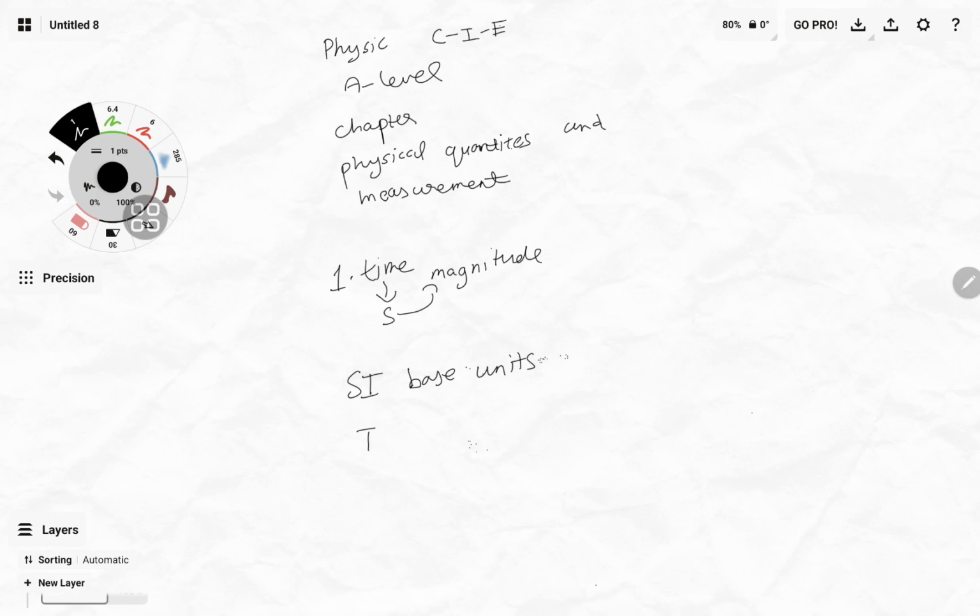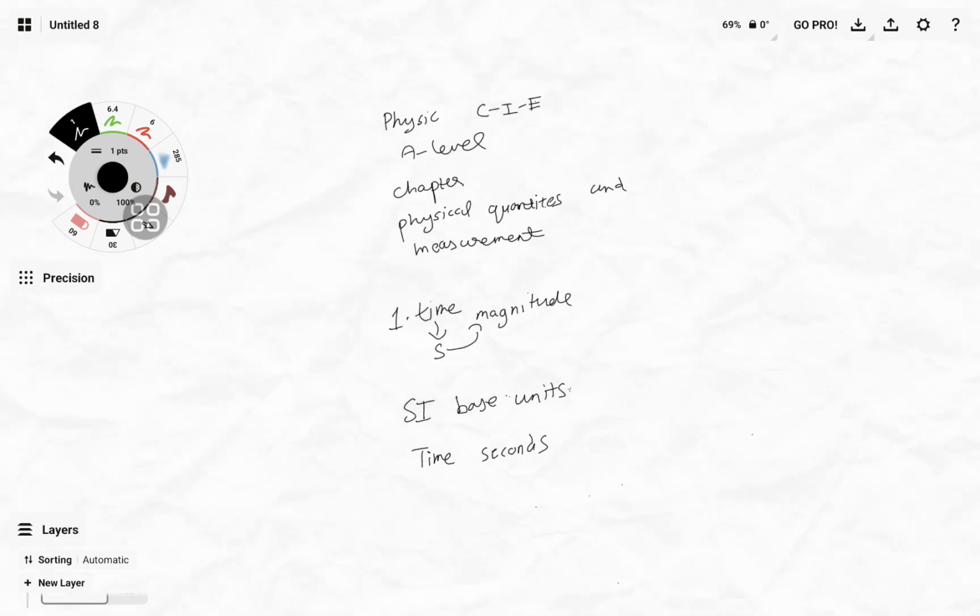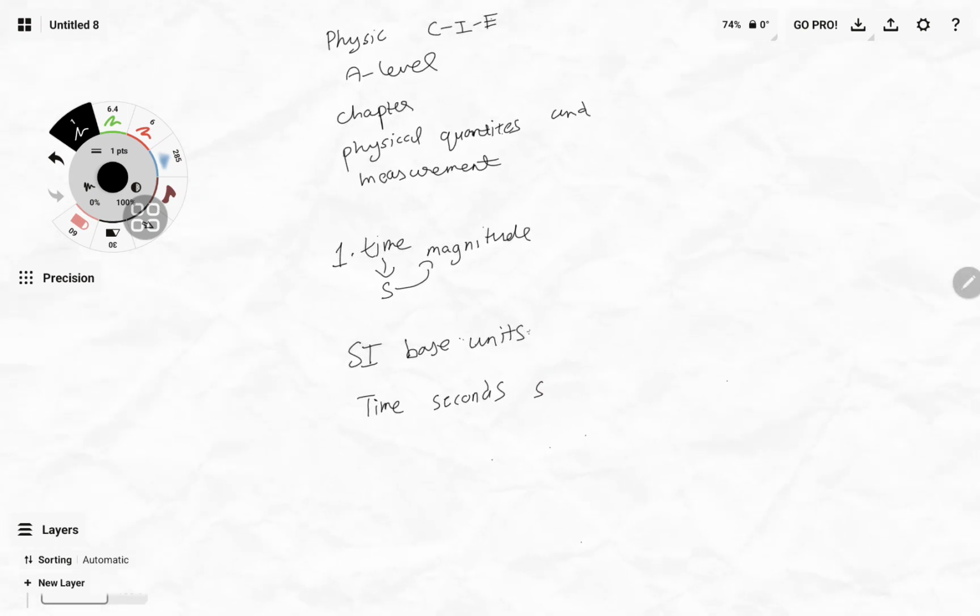We have time in seconds, which would be s as the SI unit. Then we have mass, which is kilogram, of course, which would be kg, which is common knowledge.